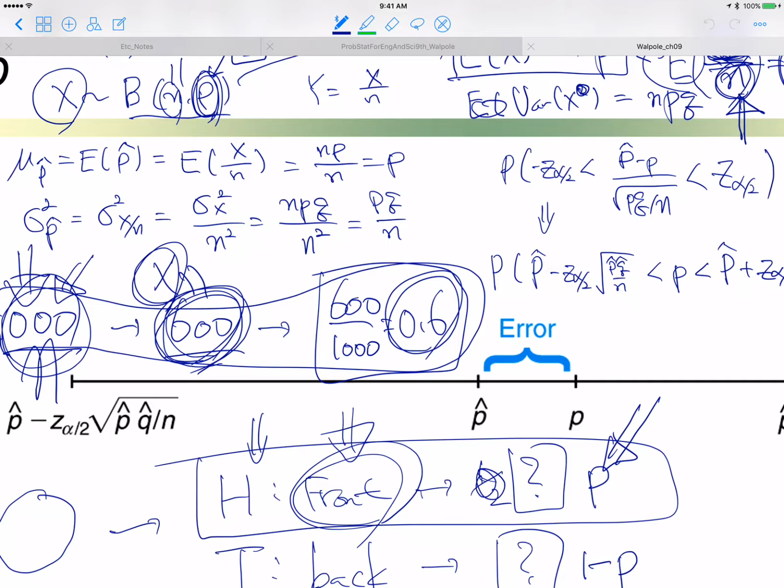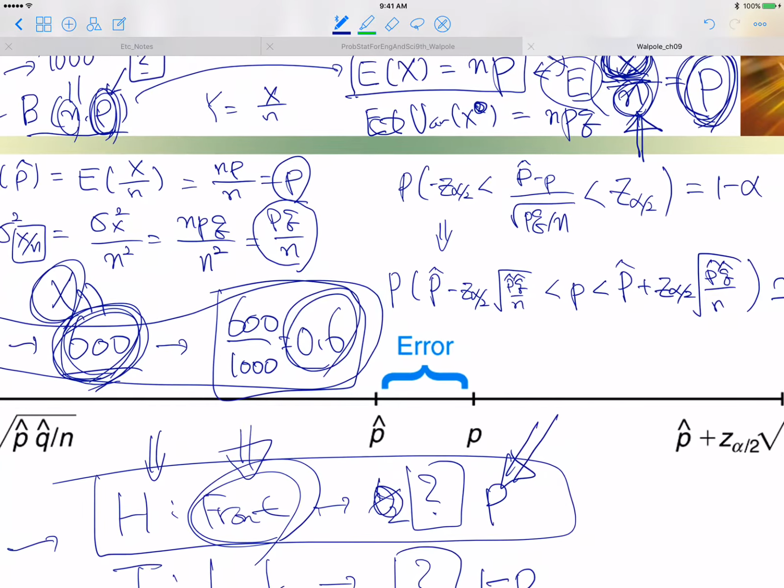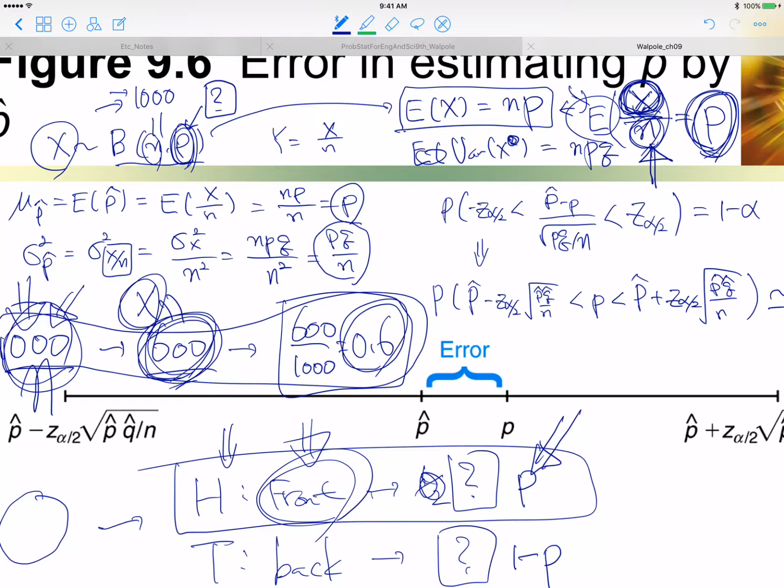So based on this mean value and the variance of our new estimator y, which is x over n, you know that n becomes larger and larger, and p is not too small or not too big. If p is like 0.9999 something, then in most cases you will observe the particular event almost always happening.